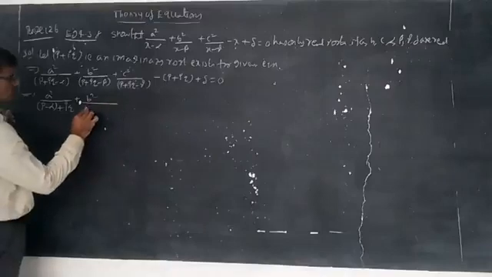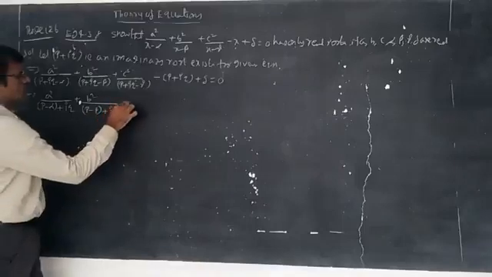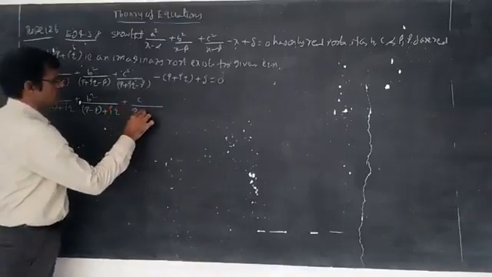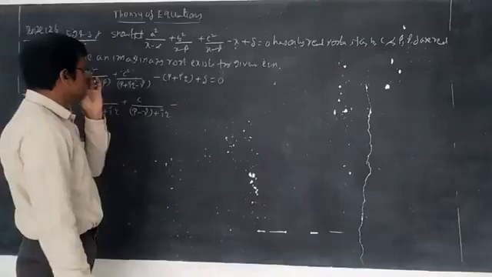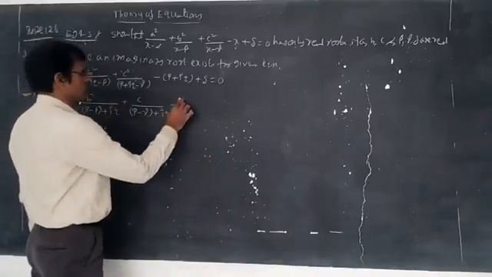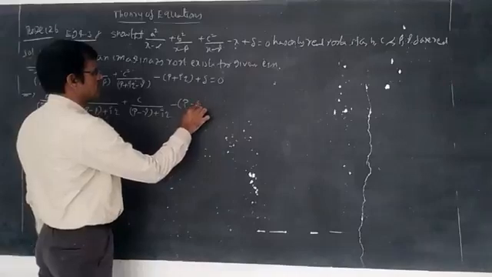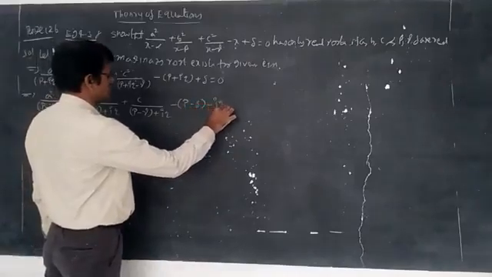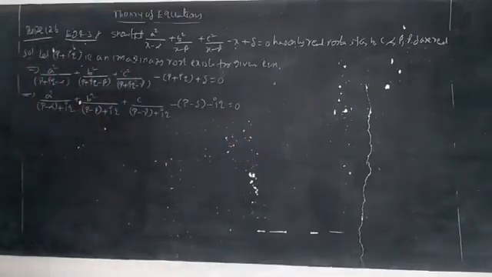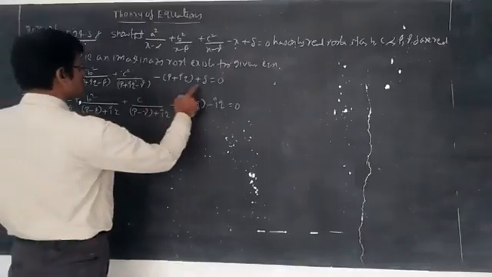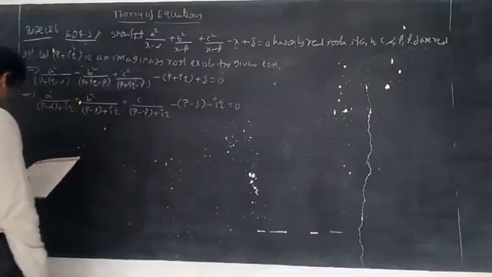Next, b square by p minus beta plus iq, c square by p minus gamma plus iq, minus p minus iq plus delta. We can take common like this.